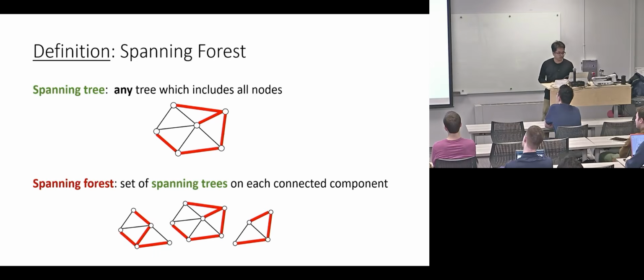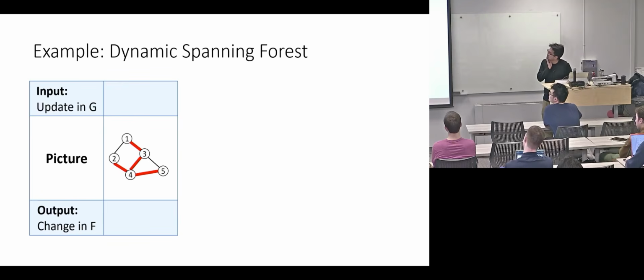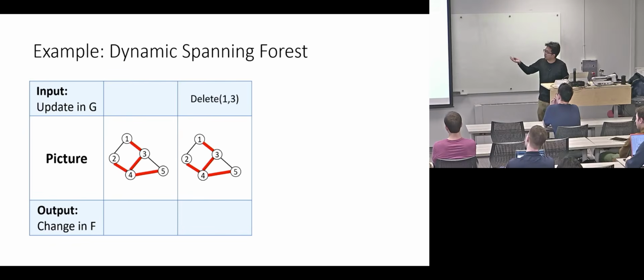So dynamic spanning forest is the problem that looks like this. You have a graph, and then there is an update to the graph. Let's say you want to delete one edge, like 1, 3. You delete it.